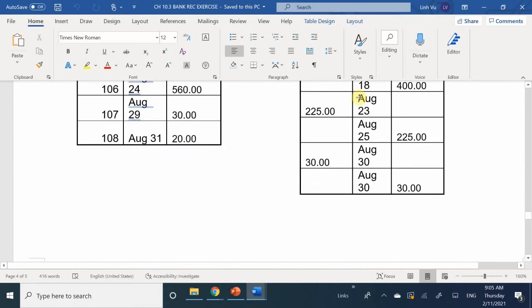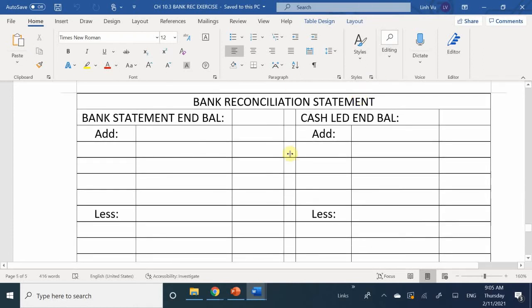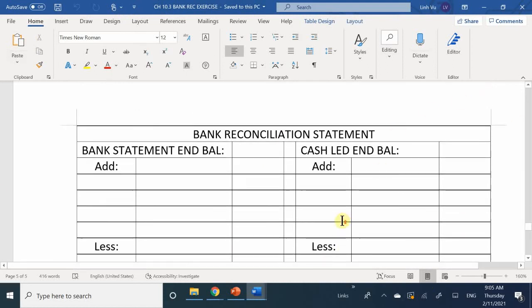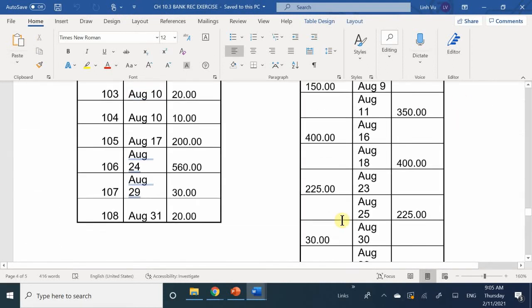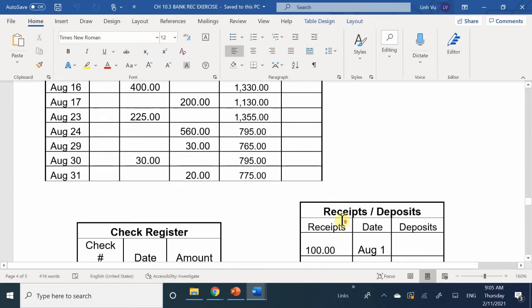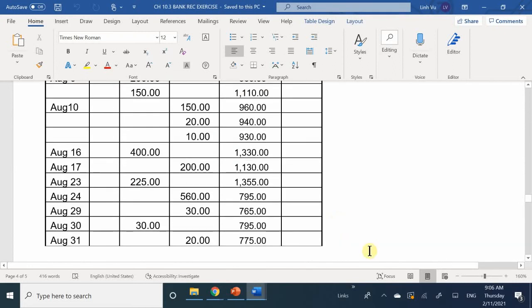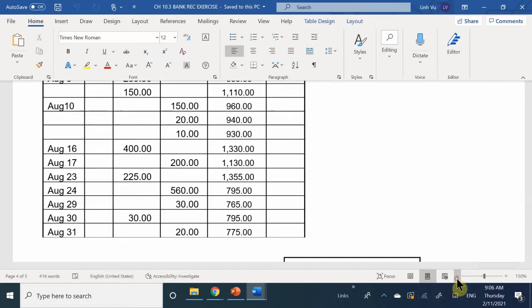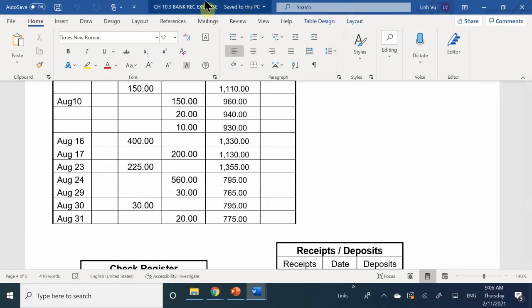Okay, so with this, what side do you want to start with? You want to start with cash, the cash ledger side. First thing we have to do is recognize our ending balance in our cash ledger. As you can see, right here is my cash ledger.